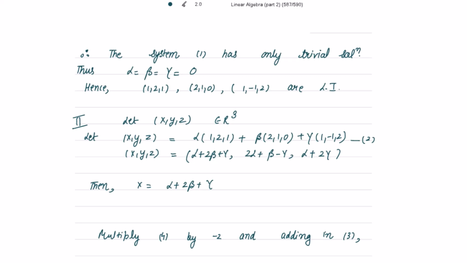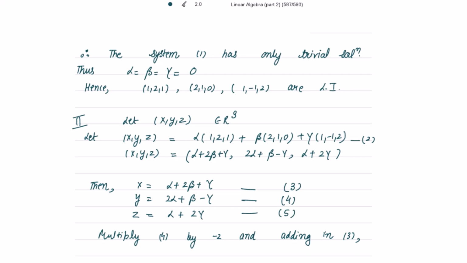Let me mark this as 3. And then my y is equal to alpha plus beta minus gamma, marking this as 4. And then z is equal to alpha plus 2 gamma. Let me mark this as 5.